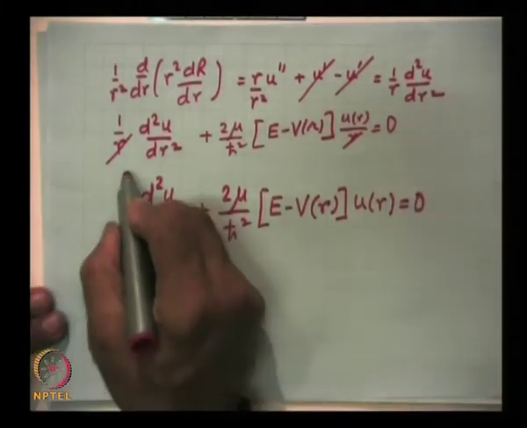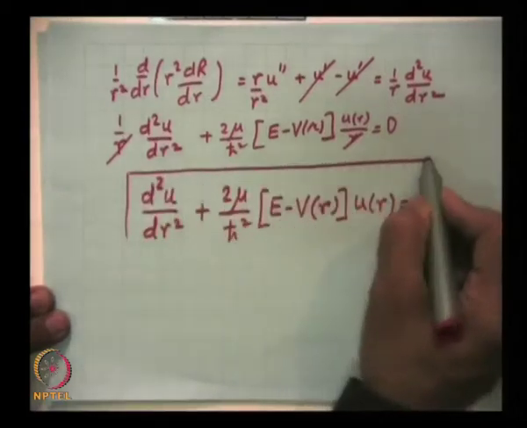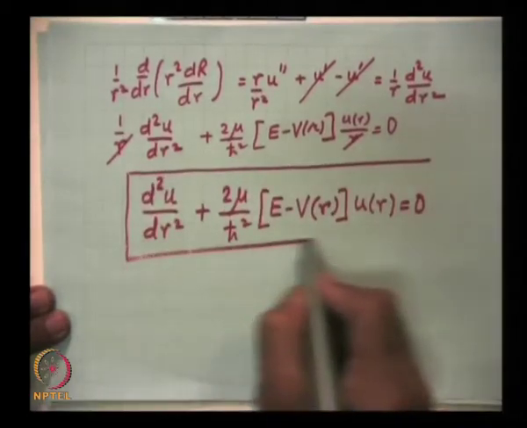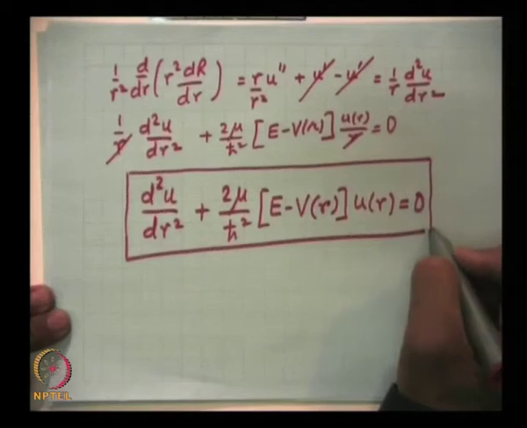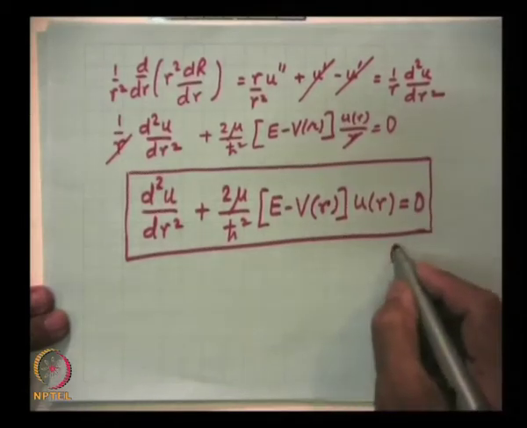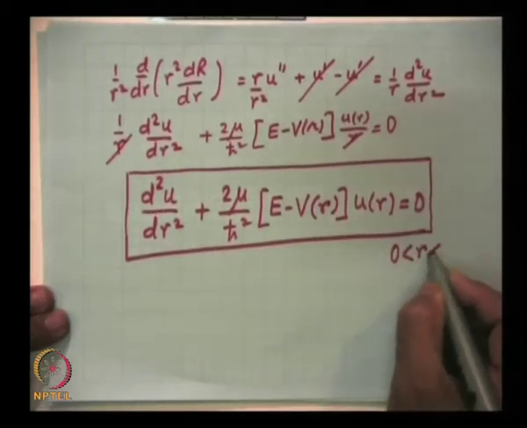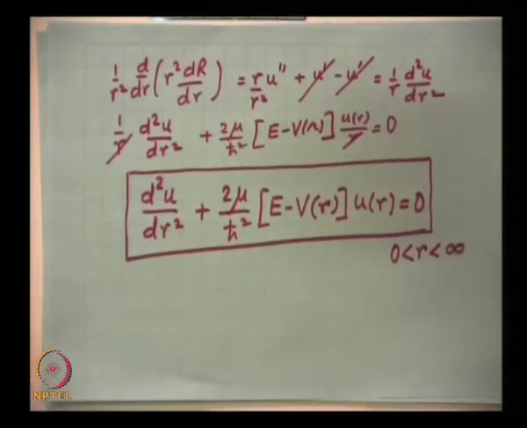This is once again the one dimensional Schrodinger equation, but the only thing that we have to remember is that r does not take negative values. r goes from 0 to infinity, and not minus infinity to plus infinity. All of you must remember that.